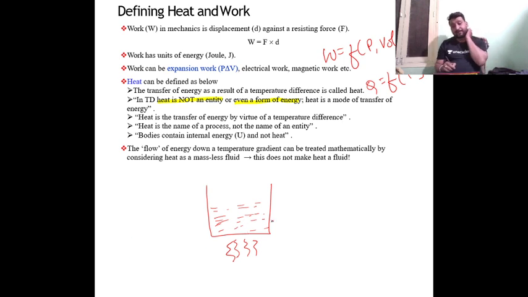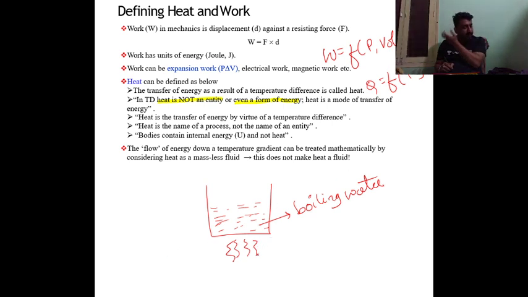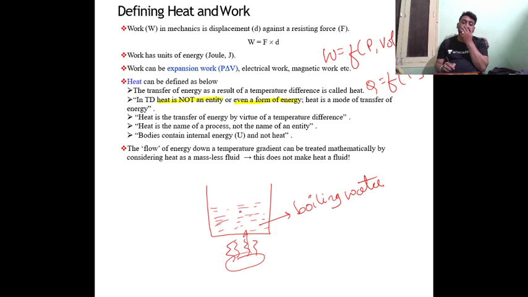The water is kept for boiling. So when the water is kept for boiling, what is happening here? Actually from the burner heat is getting transferred to this. Now after some time we say that it is hot, and we presume that when we say hot, that means it contains heat.